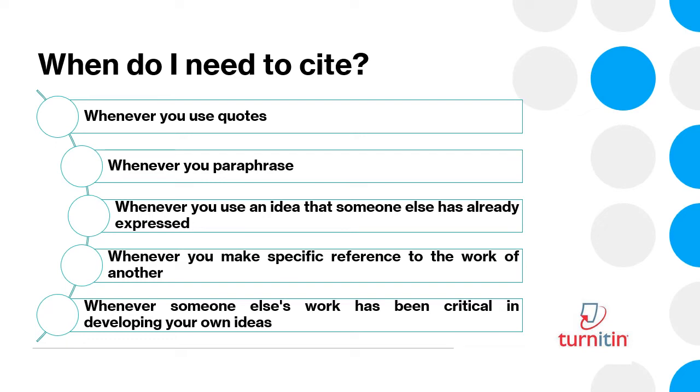Whenever you make a specific reference to the work of another, you require to acknowledge it by citation. Whenever someone else's work has been critical in developing your own idea, you require to cite or give due credit to that author. So therefore, you require to cite in the research document each and every step, if you are borrowing an idea, giving an acknowledgement to a particular author, or for any other reasons.